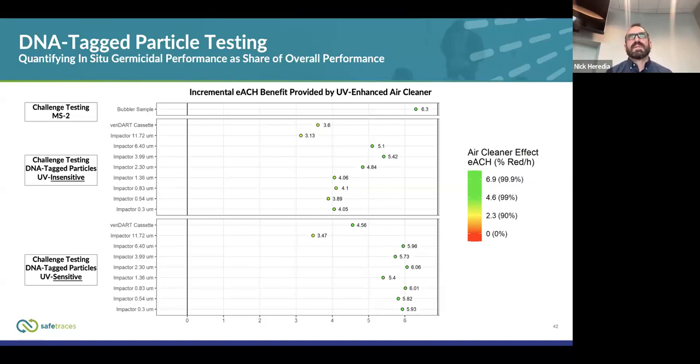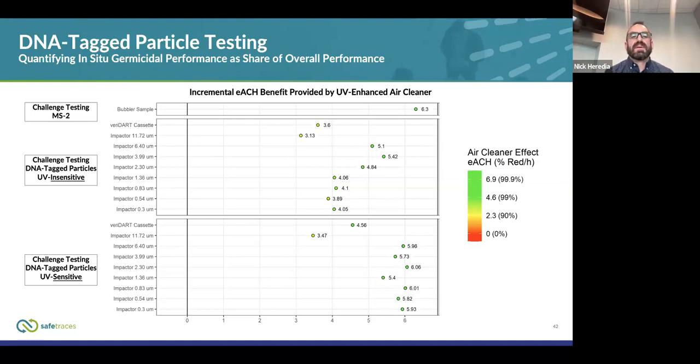It has a filter. It also has ozone generation capabilities, and also some UV combination. We tested this device in a test chamber under controlled conditions, and we were looking at MS2 phage as the anchor point or standard.